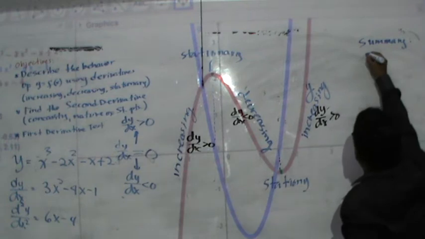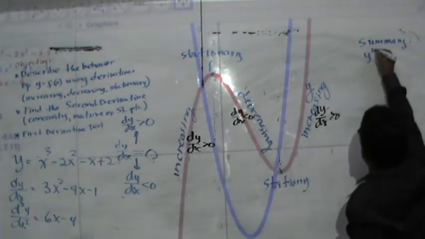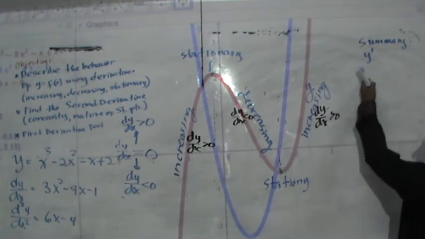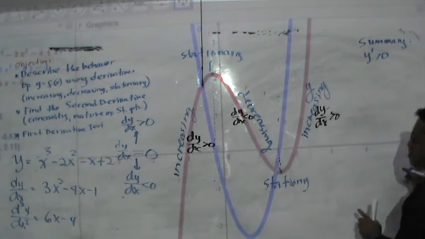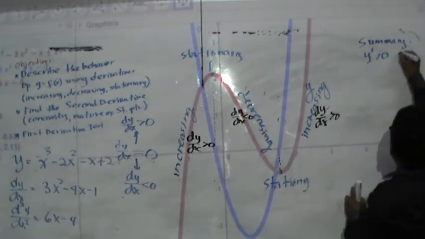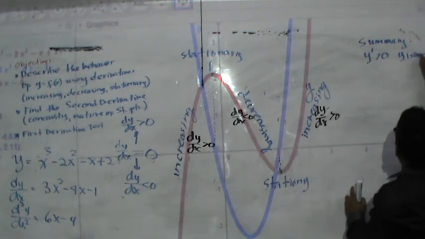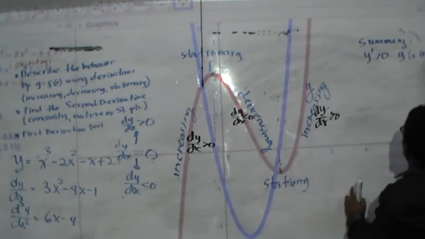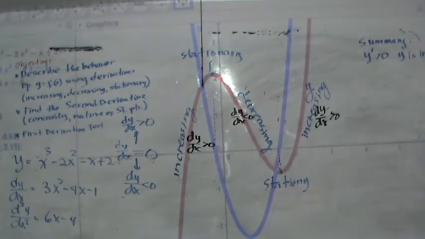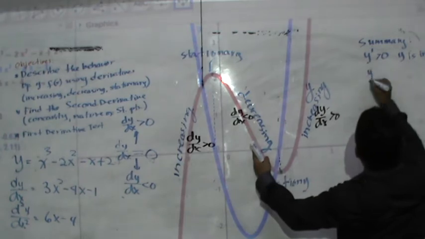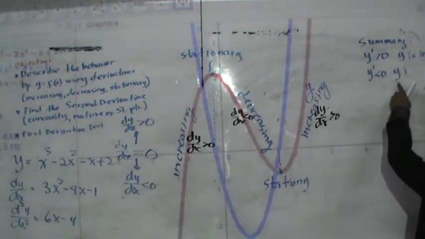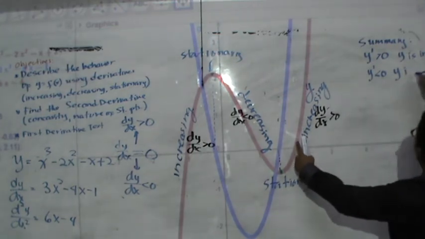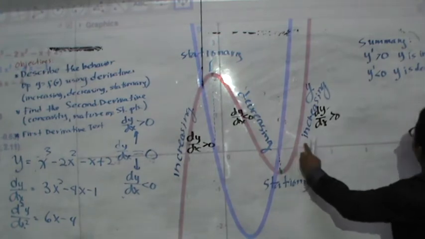So to summarize that one, I will use this symbol for my dy/dx because I need this space. So if the y prime is greater than 0, then you can say that y is increasing, INC. Now, if the y prime is less than 0, then you can say that the function y, which is the red one here, is decreasing.